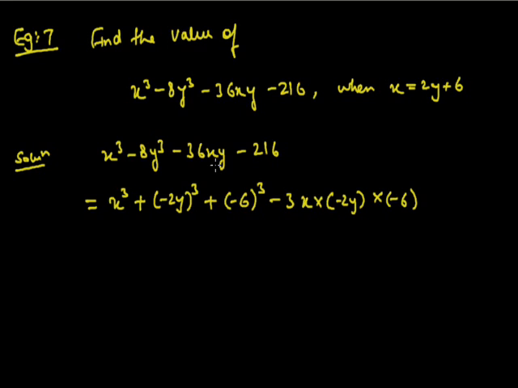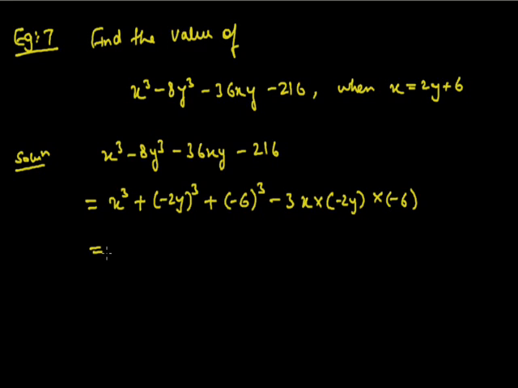Most importantly, we have to visualize this thing. Then only we will be able to convert it into the form of a cube plus b cube plus c cube minus 3abc. So accordingly, this will be equal to a plus b plus c into a square plus b square plus c square minus ab minus bc minus ca. So we can use that directly here.